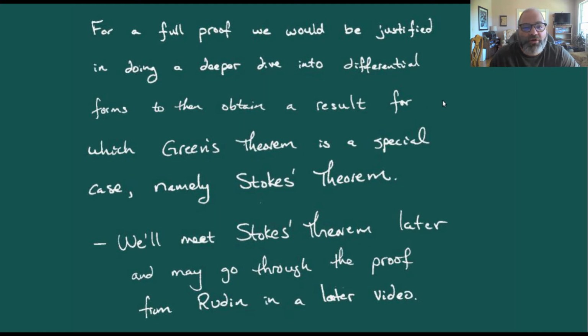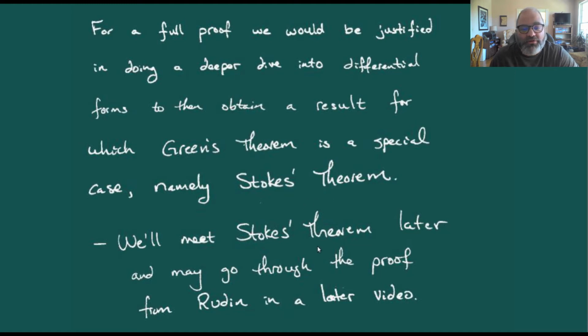Now, if we wanted to go through a full proof, we would be justified in doing a deeper dive into things like differential forms, and then we obtain a result for which Green's theorem just becomes a special case, and this bigger result is what's known as Stokes' theorem.